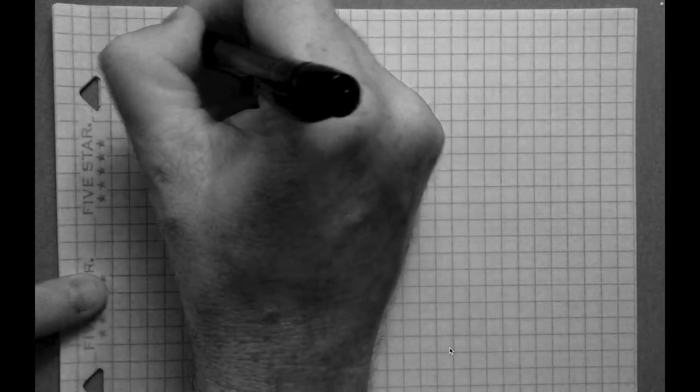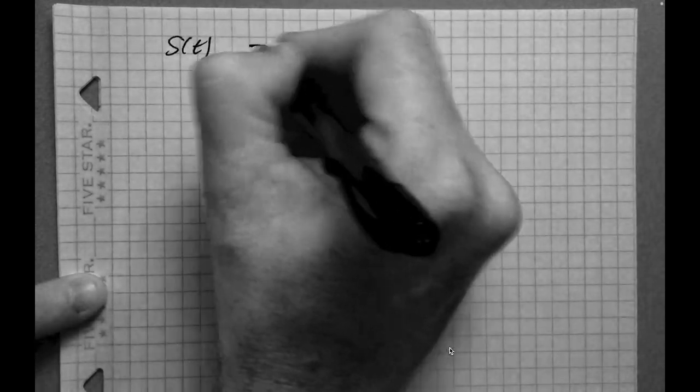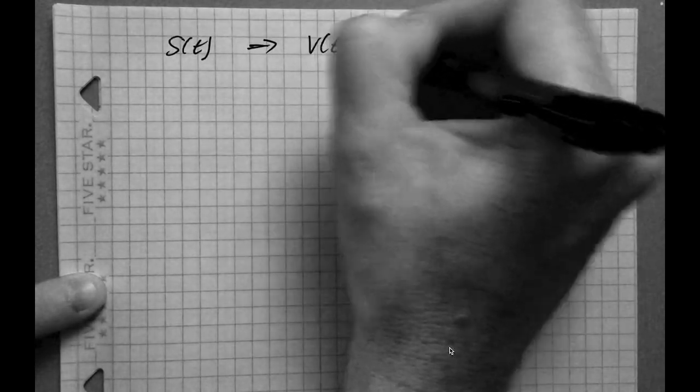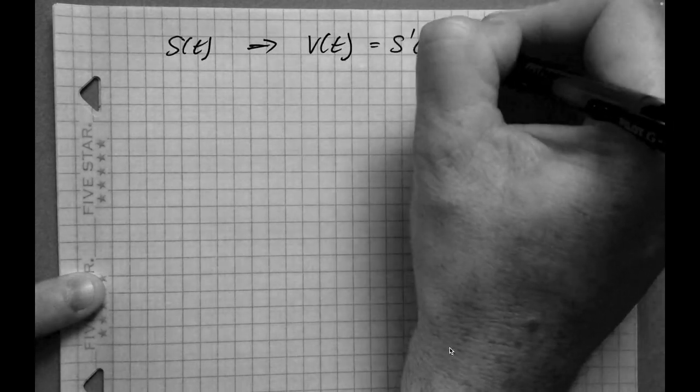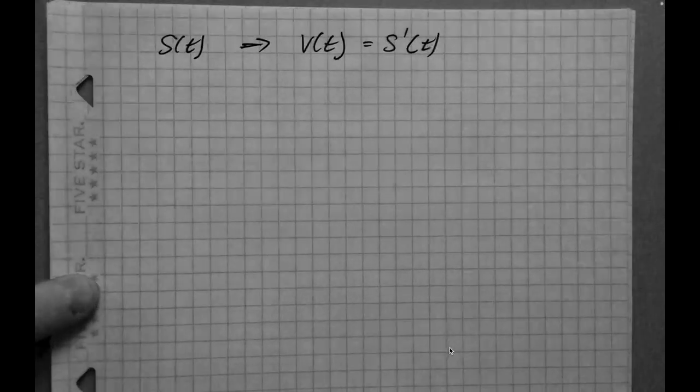And what you find out is that, in fact, there is a chain of derivatives that you can use to differentiate position down into a whole bunch of things. So if you start with s of t, then v of t is equal to s prime of t. So the derivative of position is velocity.